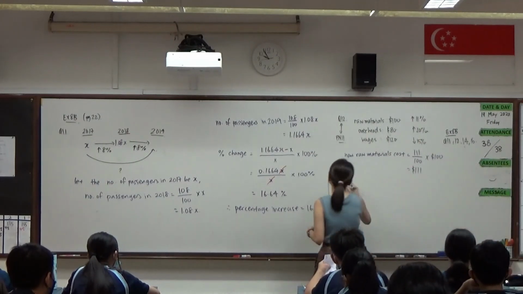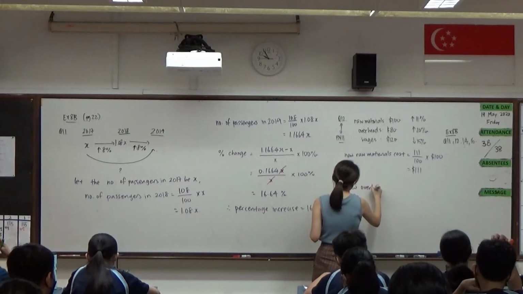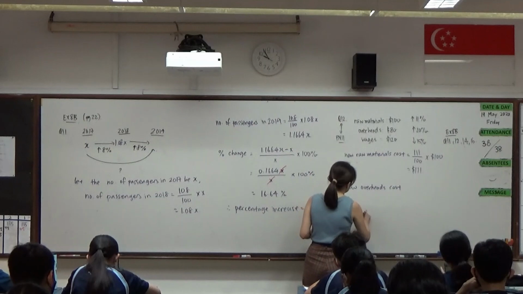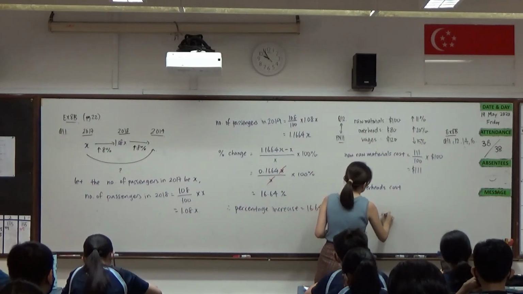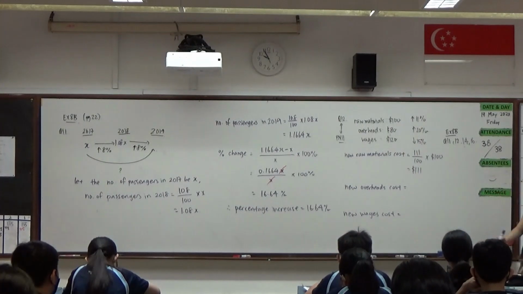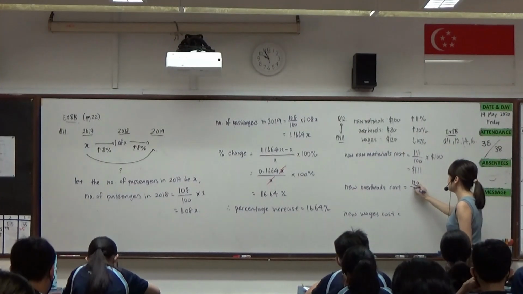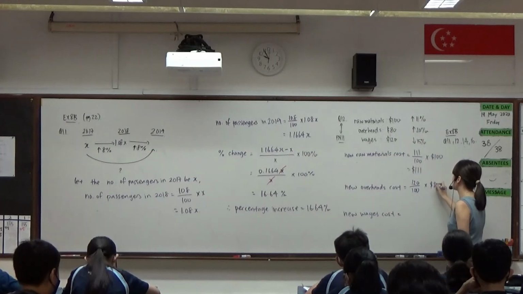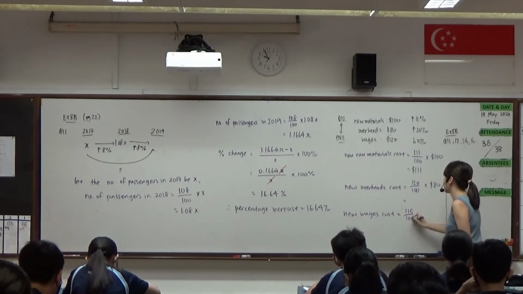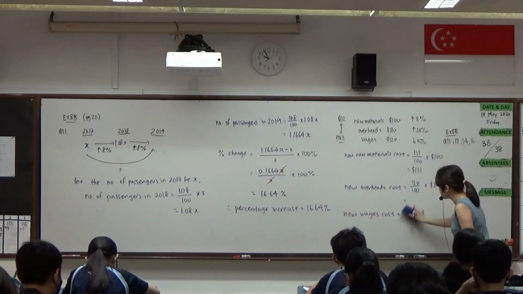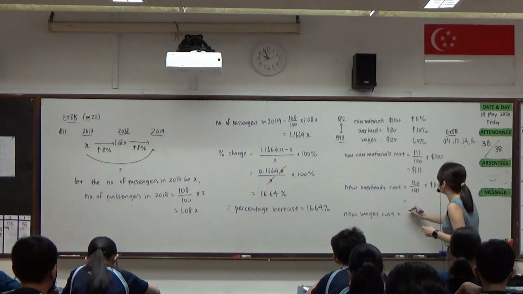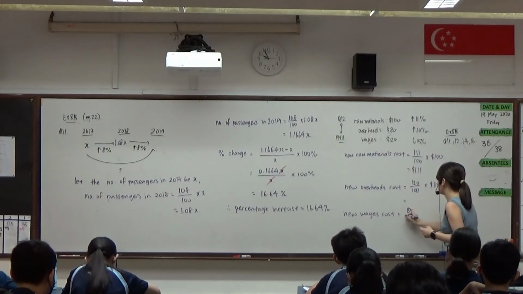We also find out what is the new overheads cost as well as the new wages cost, whereby new overheads will be 120%, and then for wages it will be 115%. Sorry, not 115, because there's a decrease of 15%, so it will be 85%.